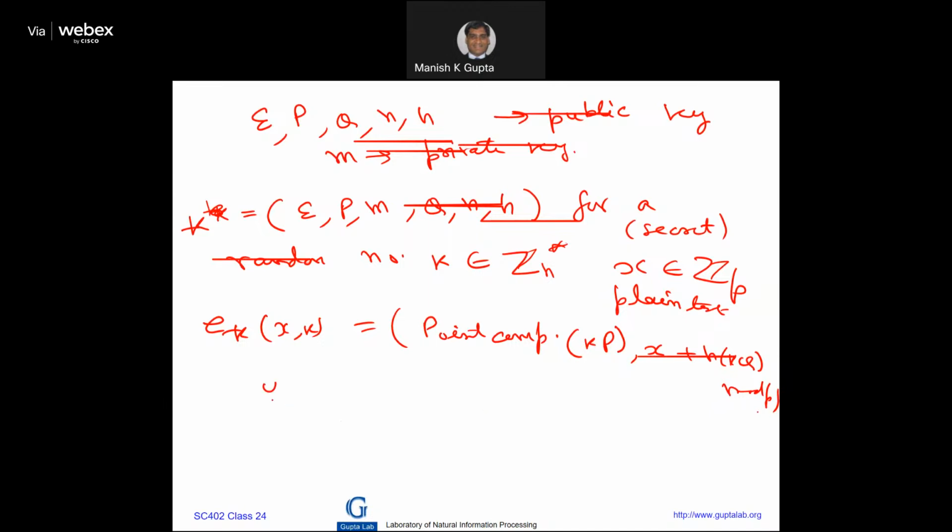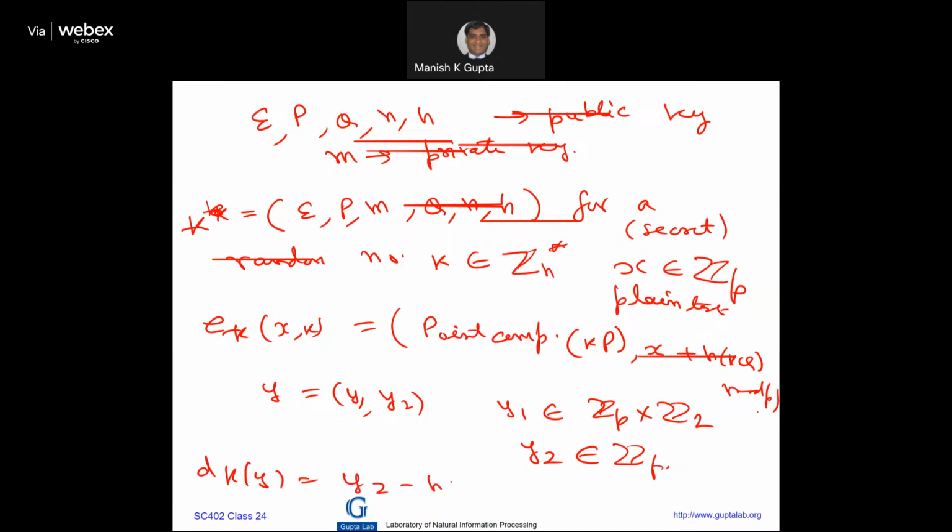And for a ciphertext y equal to y1 comma y2, y1 is in Z_p cross Z_2, and y2 is in Z_p. Decryption of y is y2 minus h of R mod p, where R is equal to m times point decompress of y1.